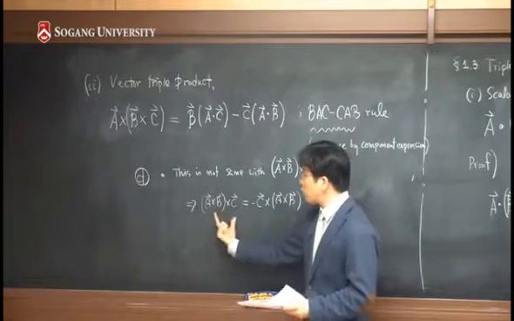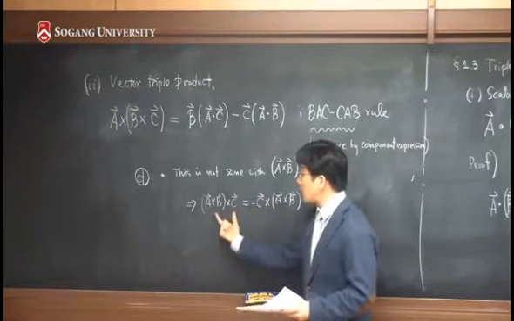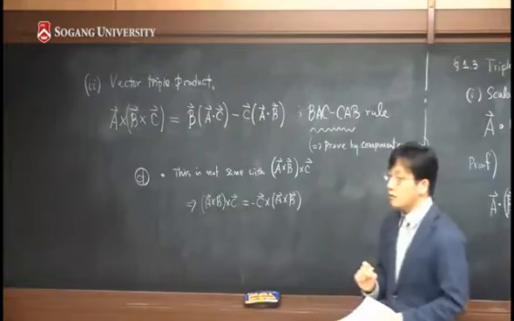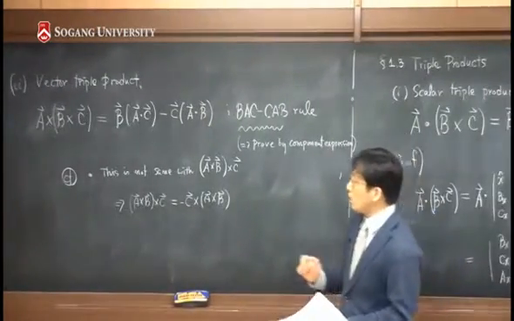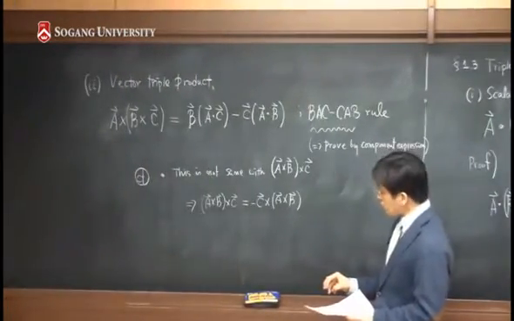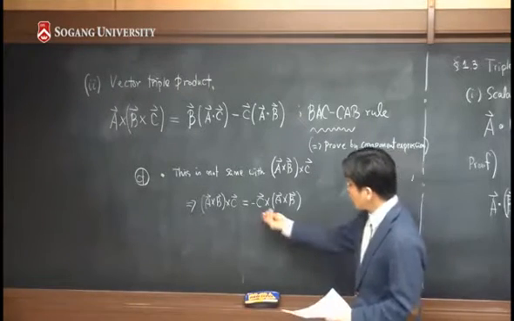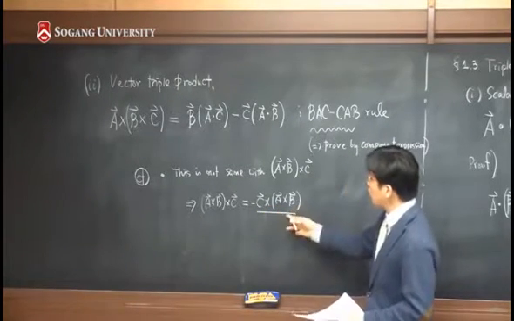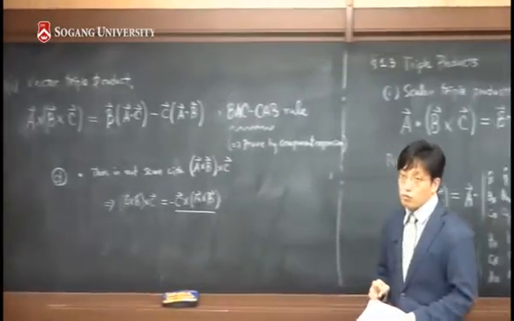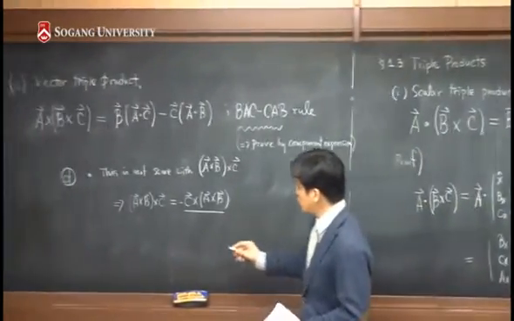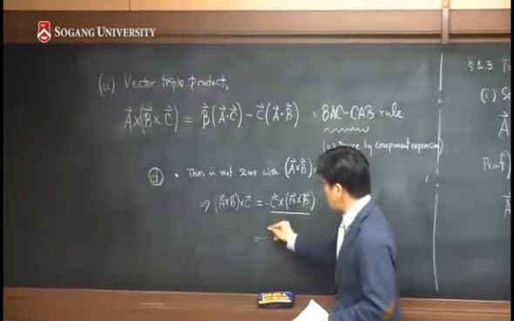So all you have to do is put a minus sign whenever you change the order of the vectors in a cross product multiplication. And then once you have this kind of shape, you can now apply the back-cap rule that we know. Okay? So we'll be with the minus sign.